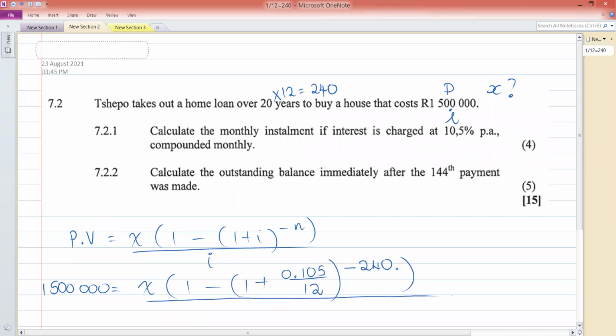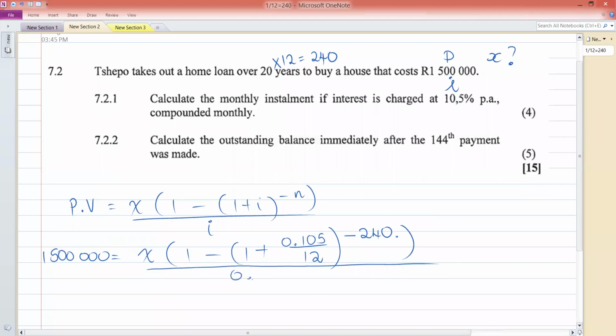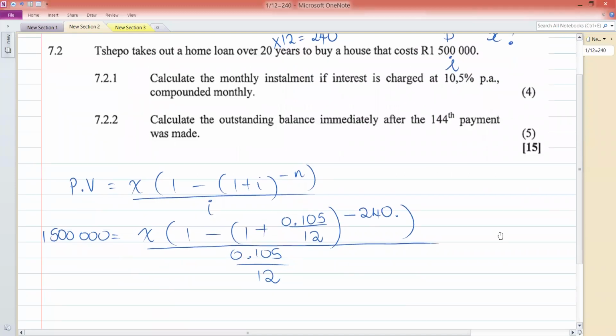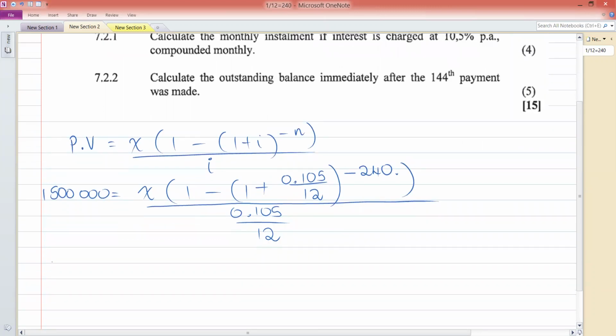Divide everything by 0.105 divided by 12. Okay, again, idea is to isolate X. If we were dividing by I, that means we're now going to have to multiply by the I.